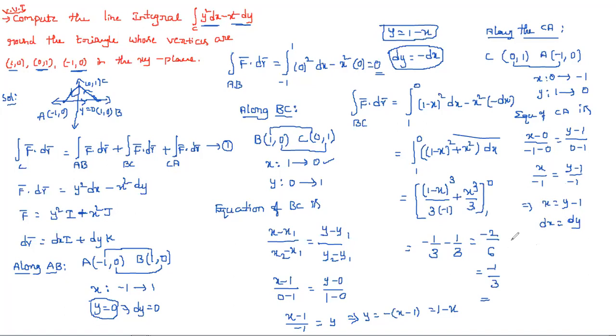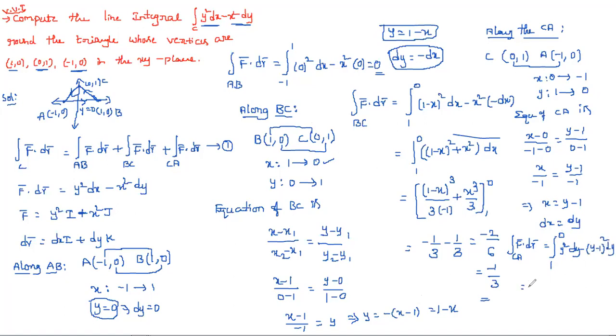Same integral, F bar dot dr bar along the line CA, is equal to the integral. So x I'm going to convert in terms of y. What are the limits of y? 1 to 0. And here F bar dot dr bar is y square dx minus x square dy. So y square as it is, and dx is dy, minus x square dy, where x is (y minus 1) whole square dy.